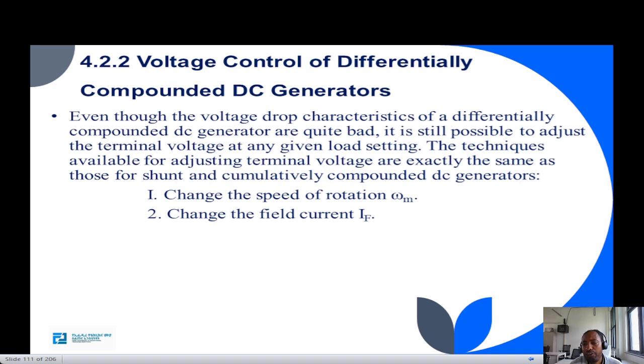And for voltage control of this type of generator, both controls we saw in the previous generator types, whether separate shunt or series, hold here: controlling the speed and controlling IF, or including a variable RF.